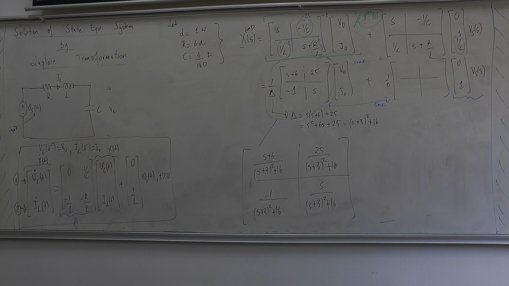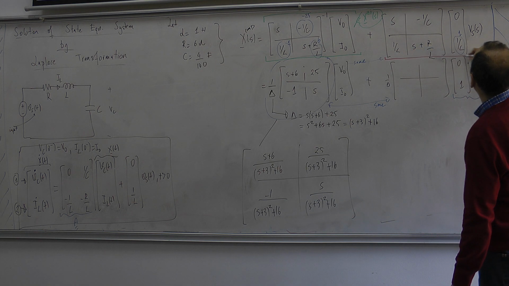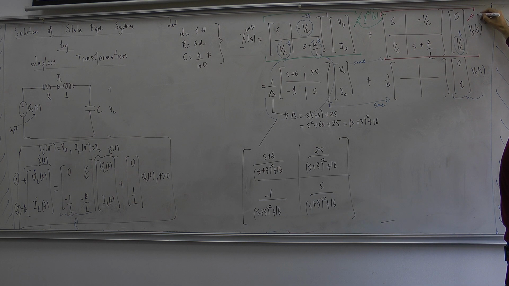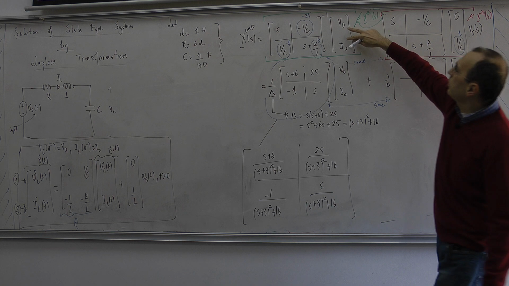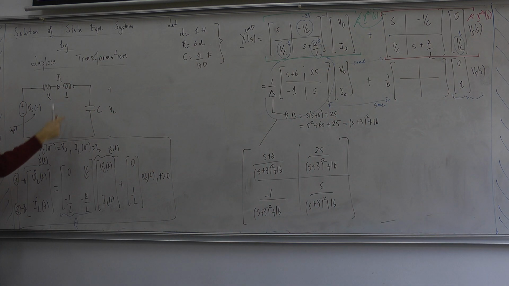Observation number 1. Now a related observation, let's use another color. This part should be the zero state solution, am I right? ZS. Zero state solution in Laplace domain, red one. Why? Zero state means that initial conditions are equal to 0, capacitor uncharged, there is no flux initially.